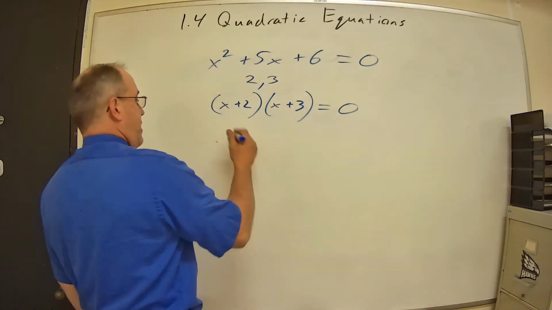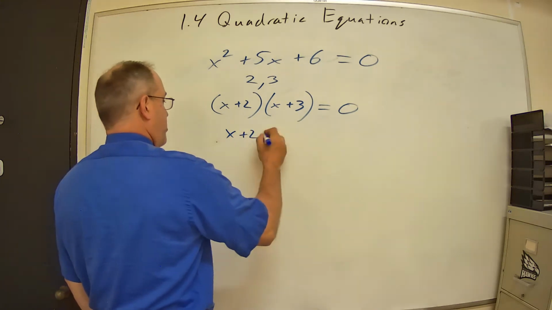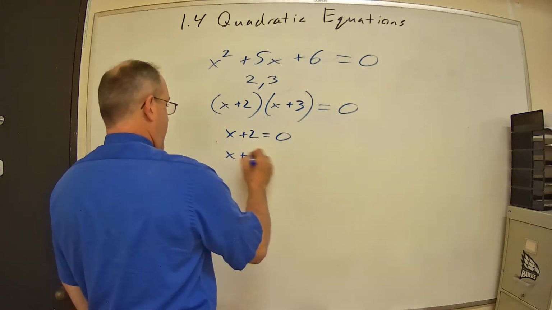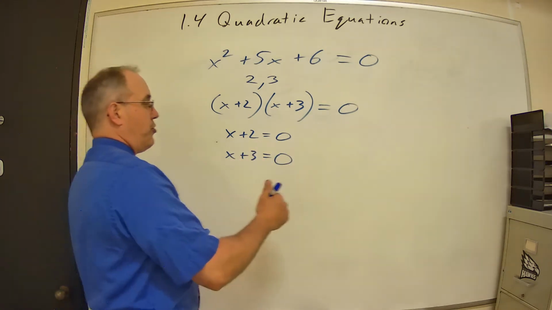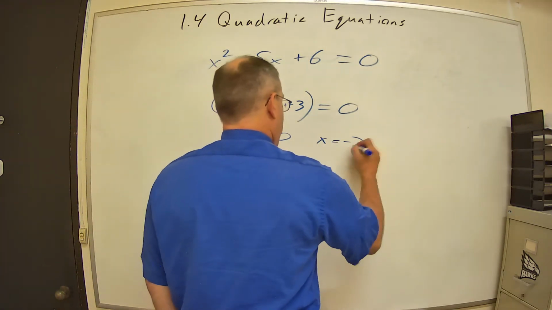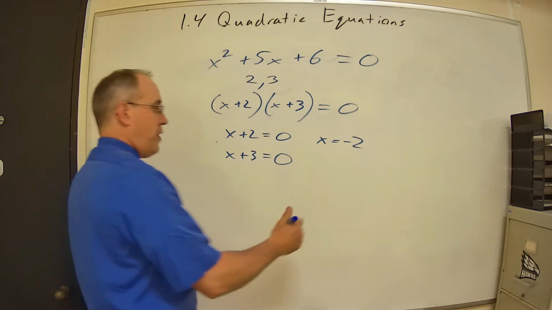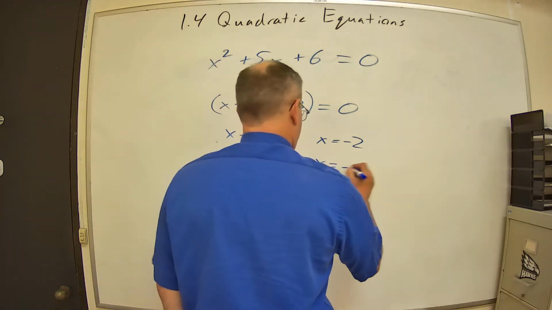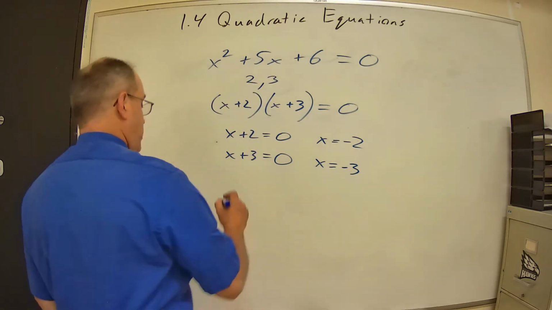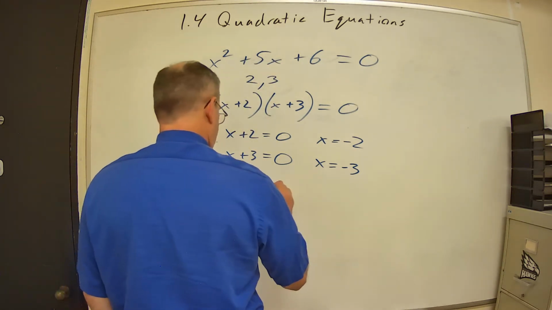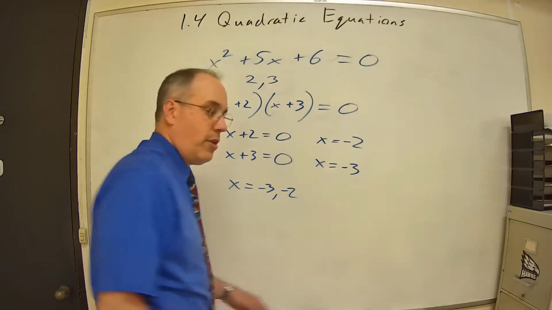Now we can set each of these equal to 0. X plus 2 equal to 0, x plus 3 equal to 0. Subtract 2 from both sides. X equal to negative 2, subtract 3 from both sides, x equal to negative 3. So for this quadratic equation, the solutions are x equal to negative 3, negative 2.